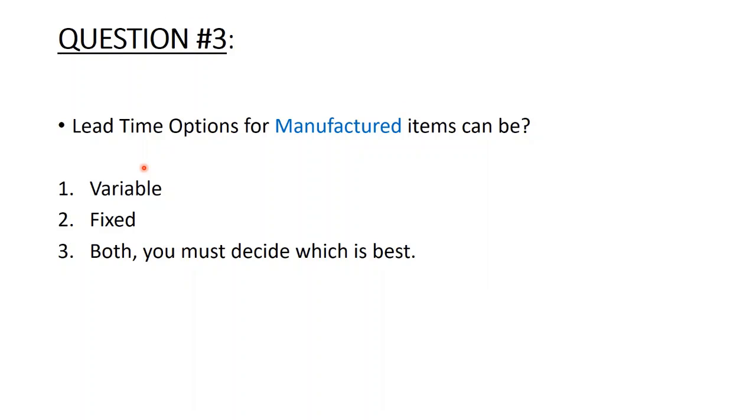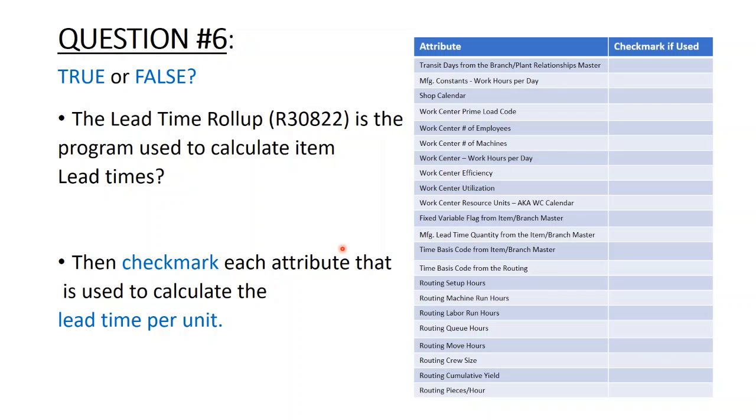Question 3. Lead time options for manufactured items can be variable, fixed, or both, but you must decide which is best. Both. You must decide which is best. Let's move on.